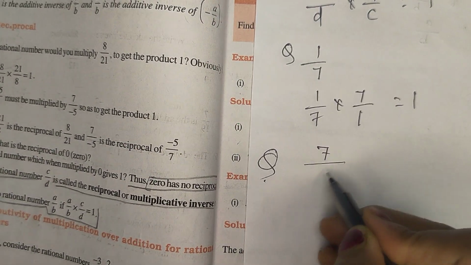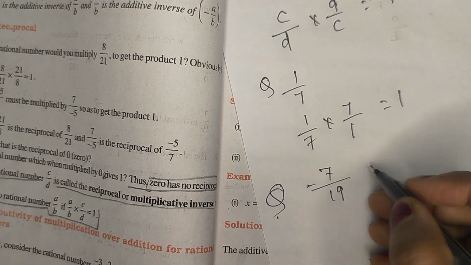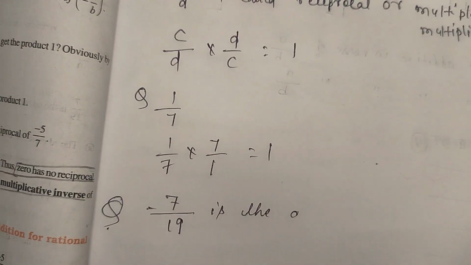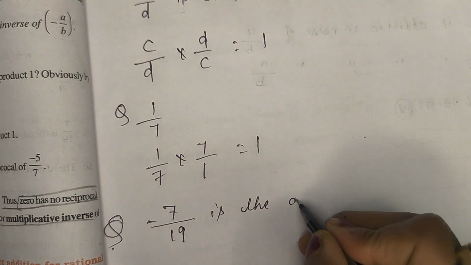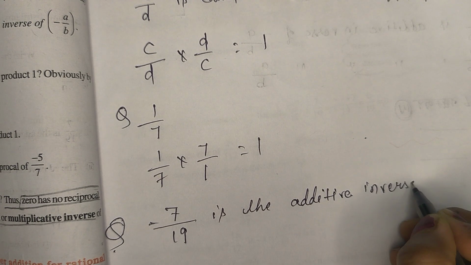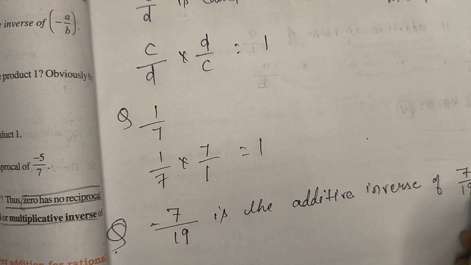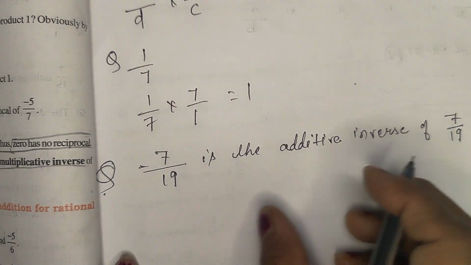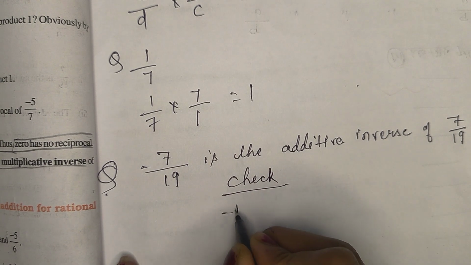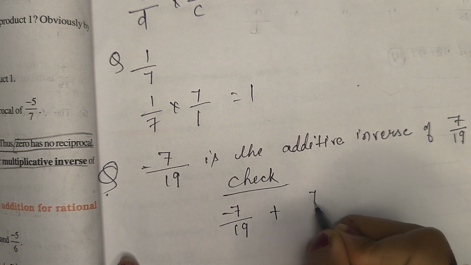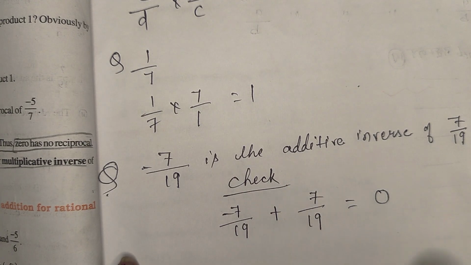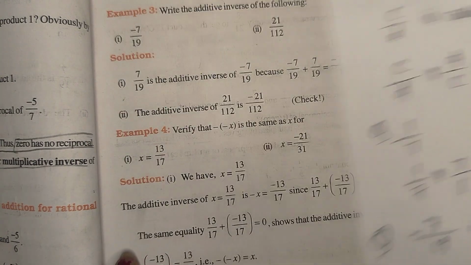Minus 7 by 19 is the question, and plus 7 by 19 is its additive inverse. It is right. You can check this rule: minus 7 by 19 plus 7 by 19, if you get 0, it is correct. This is the rule for checking the additive inverse.